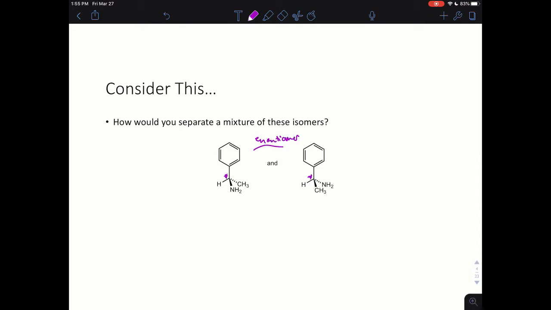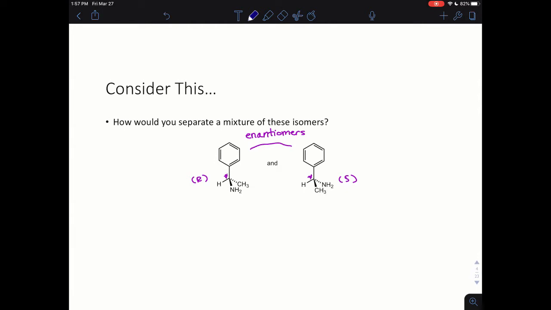I have identified their stereocenter, and you can pause and figure out which enantiomer is which here. So convince yourself that the molecule on the left is the R enantiomer and the molecule on the right is the S enantiomer of this molecule.